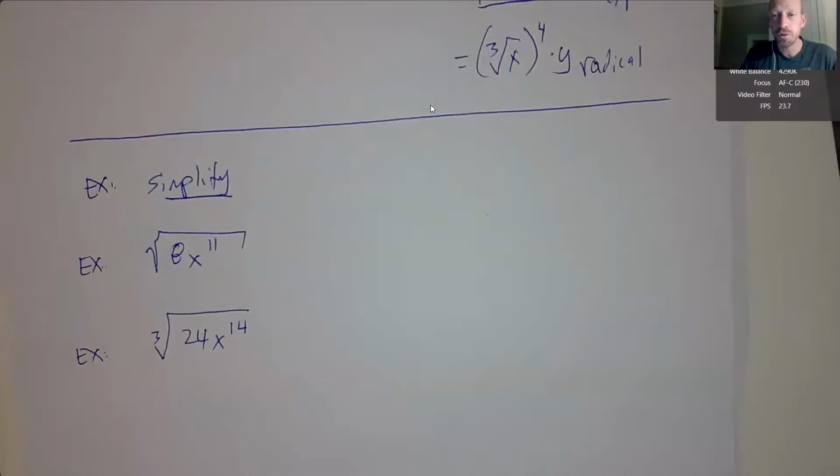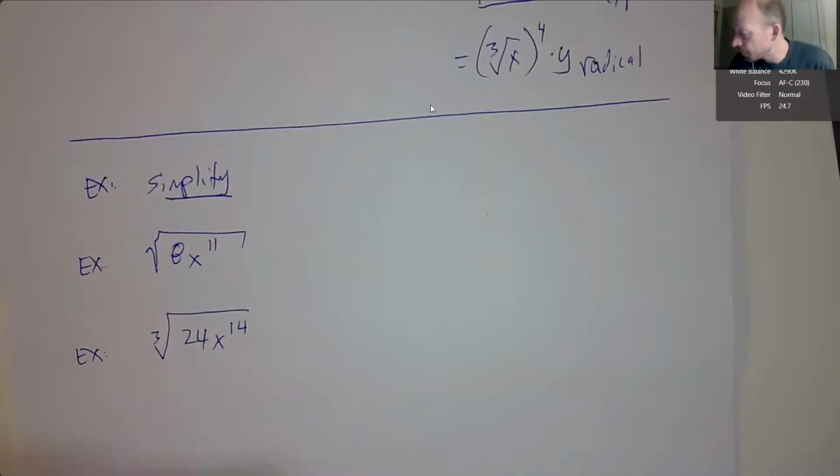Our goal in both of these cases is to pull out as much as we can, which means taking the square root or taking the cube root of the largest possible perfect squares or perfect cubes.